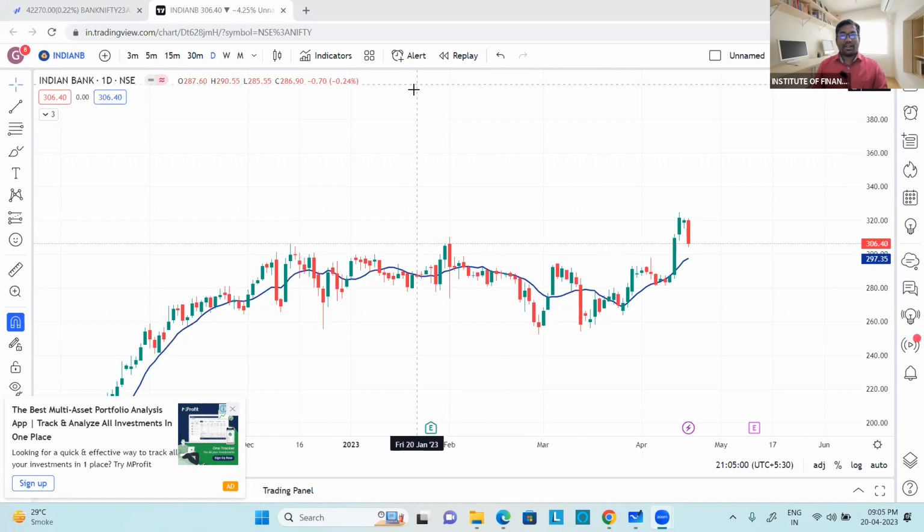Indian Bank. Kya sir? This one you are talking about, Anil Ji. Indian Bank doji or small candle is not started at the high of the first candle. It is not compulsory that it has to start at the high of the first candle, Anil Ji. Okay. See, sometimes there will be adjustments.